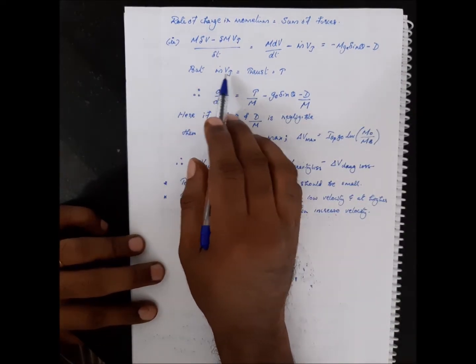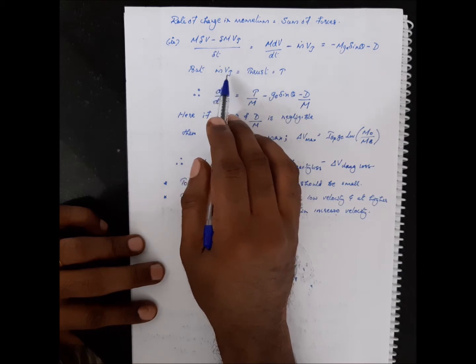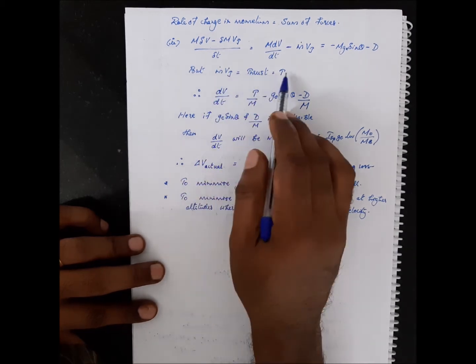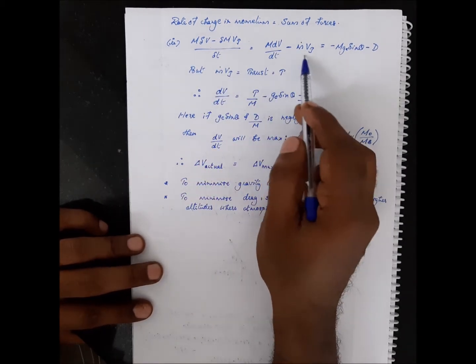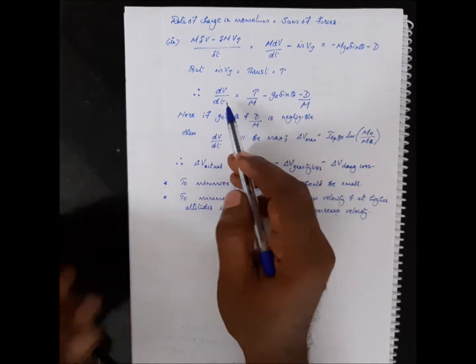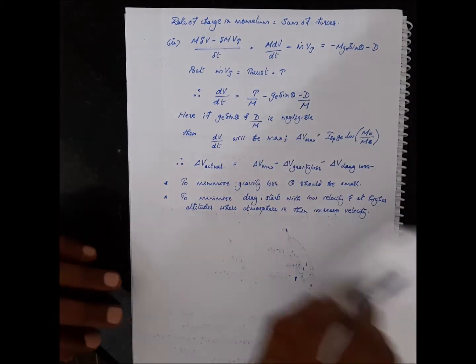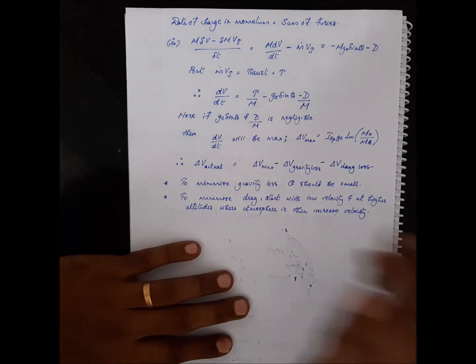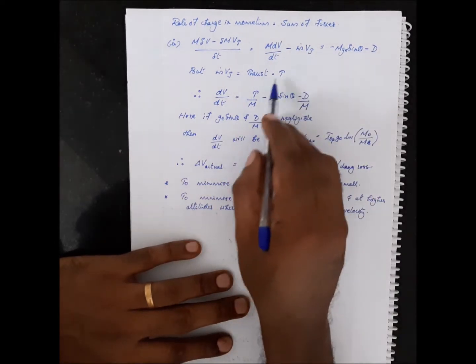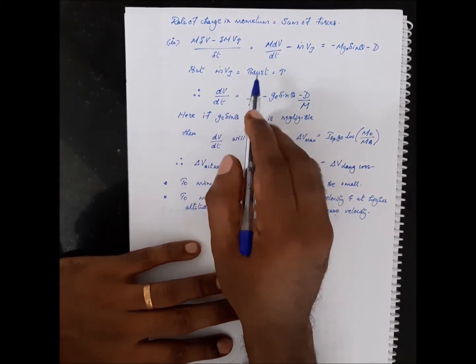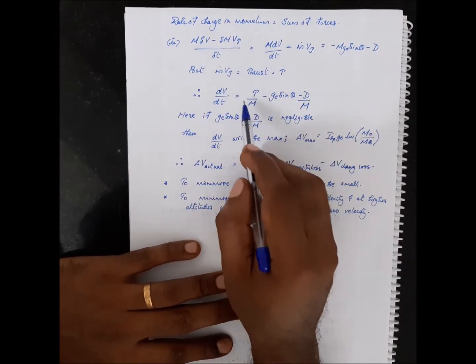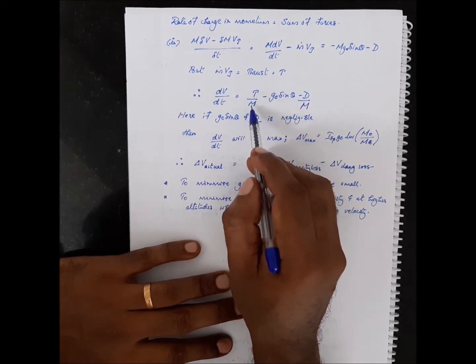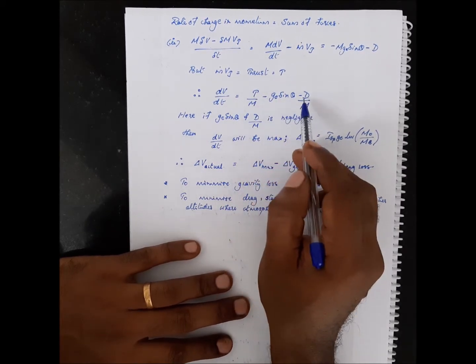But m dot vj, the mass flow rate times the ejection velocity, is nothing but the thrust. Remember, thrust is calculated by m dot times ejection velocity. So you can rewrite this as thrust T. So dv by dt is equal to T by m, thrust divided by mass, minus g sine theta minus D by m.